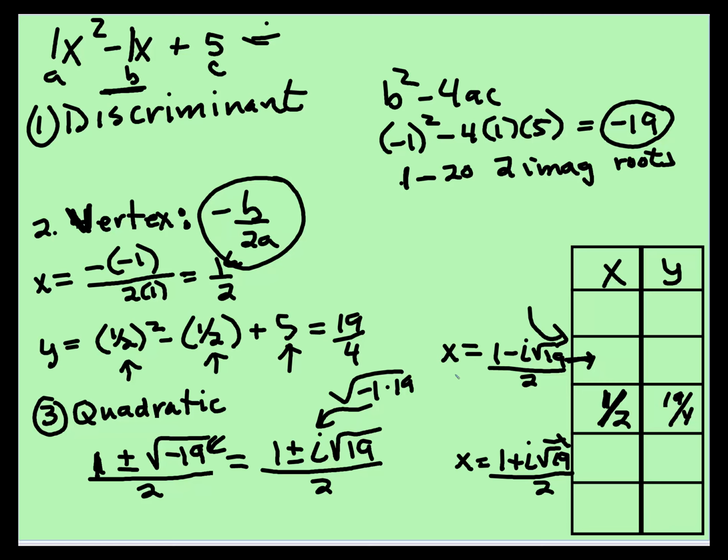So x is equal to 1 subtract i root 19 over 2, and x is equal to 1 plus i root 19 over 2. And we're not going to figure out the y values. You don't have to do anything else.